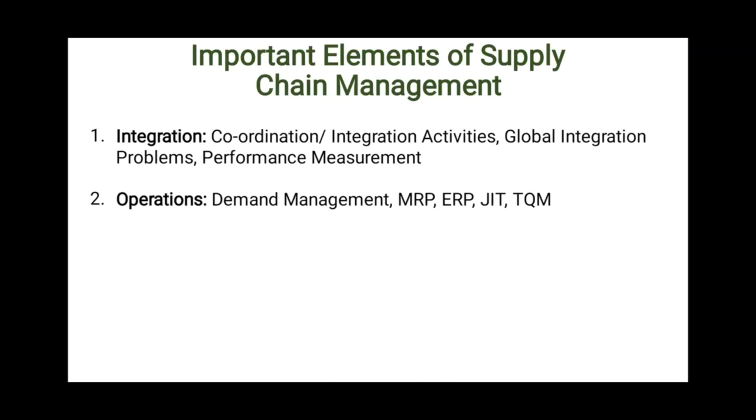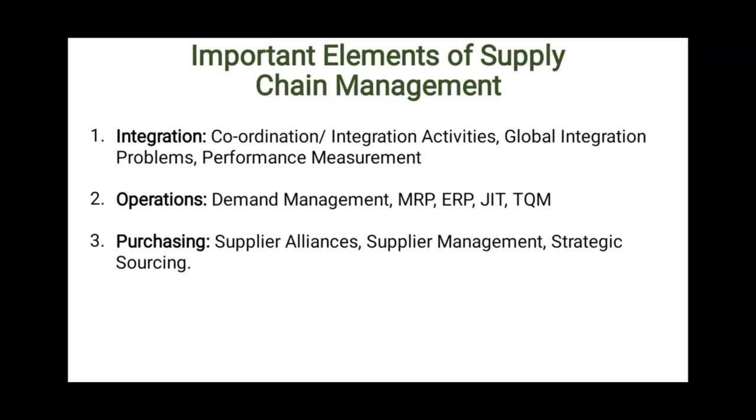Let's have a look at the third element, that is purchasing. You can't make something from nothing. This is the rule. The purchasing area of supply chain management makes sure a company has everything it needs to manufacture products, including materials, supplies, tools, and equipment.